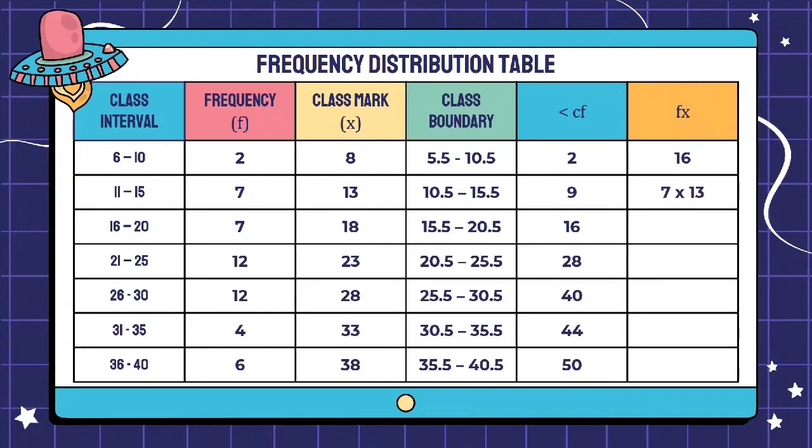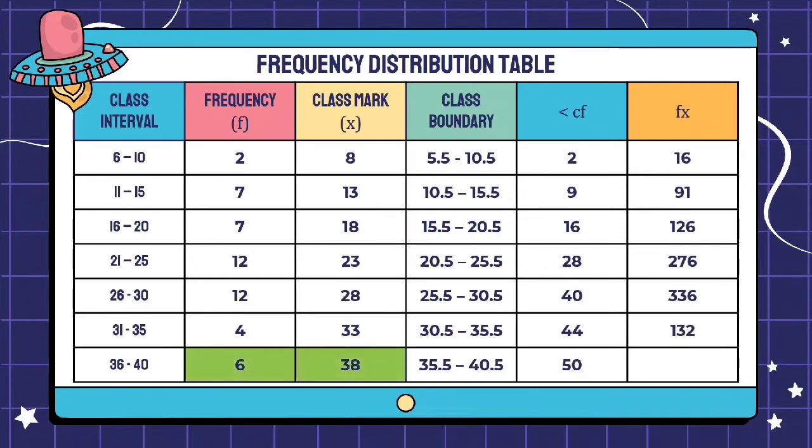Multiply 7 by 13 and we will get 91. Multiply 7 by 18 and we will get 126. Multiply 12 by 23 and we will get 276. Multiply 12 by 28 and we will get 336. Multiply 4 by 33 and we will get 132.